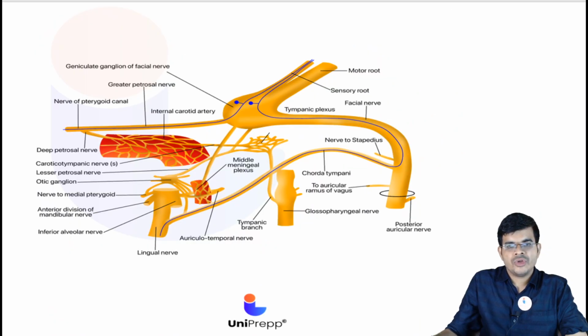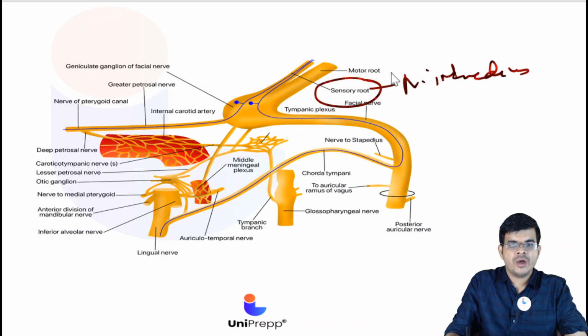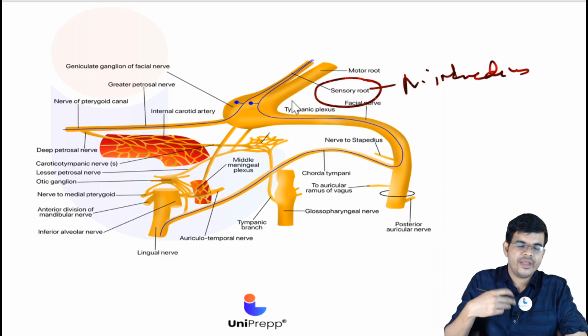Now, this facial nerve, as you can see here, it has a motor root and a sensory root, and this sensory root is what is called the nervus intermedius. It joins with the motor root before it goes on to become the various parts, the intracranial part, the labyrinthine part.